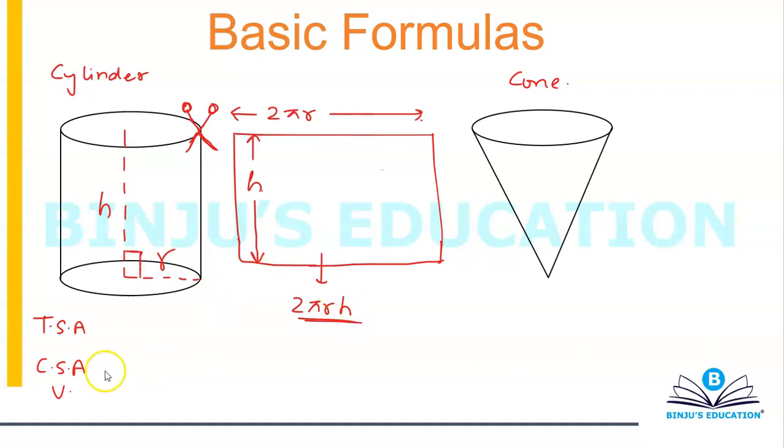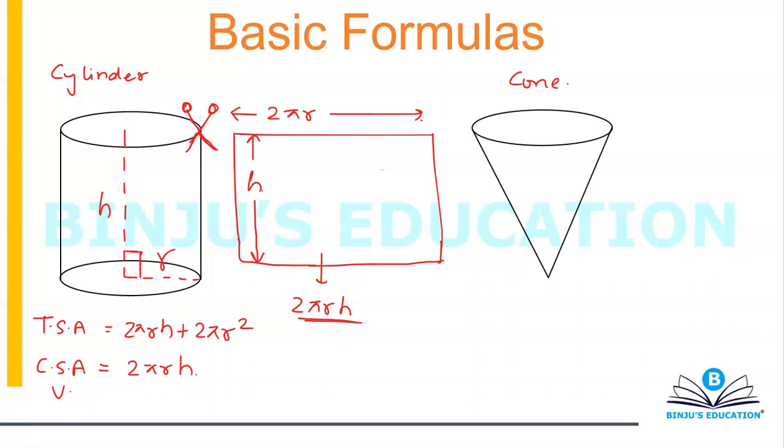So the curved surface area, the area of the curved part of the cylinder, will be equal to 2 pi r into h. For the total surface area, we need to add the area of the top circle and the area of the bottom circle, so it will be equal to 2 pi r h plus 2 pi r square.